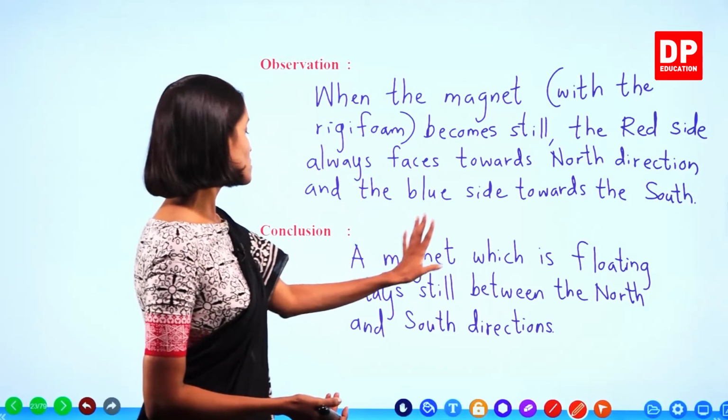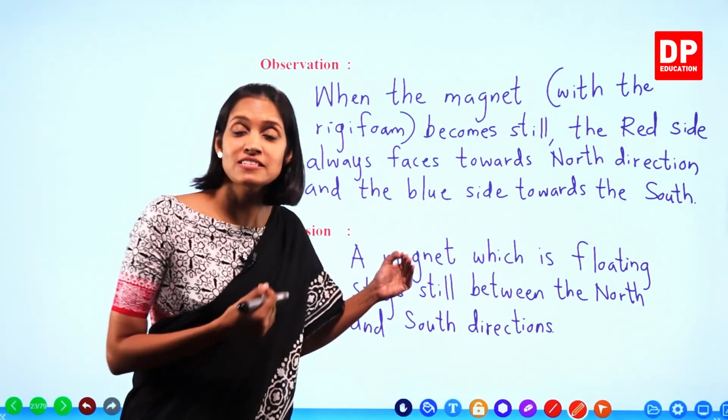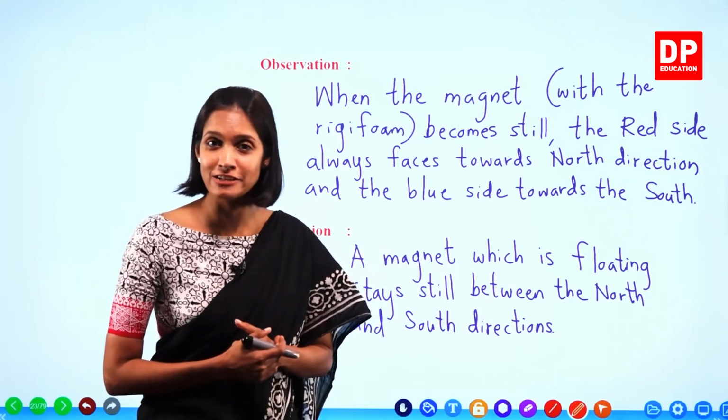A magnet which is floating stays still between the north and south directions. This is the specific behavior of magnets.